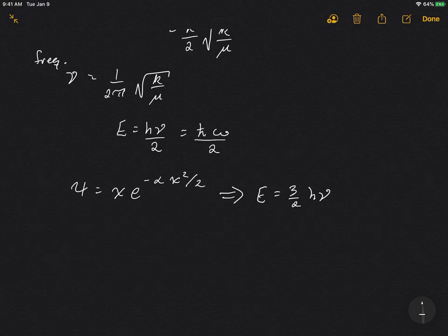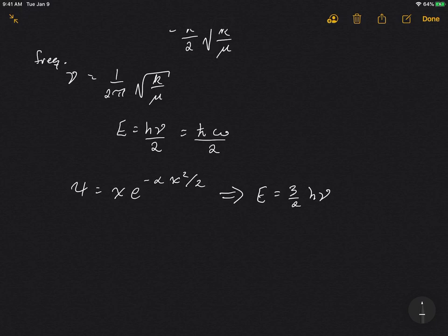You can tell by looking at this, e to the minus alpha x squared over 2 is this bell curve shape, this Gaussian shape. If you multiply it by x, you end up with a function that changes sign at x equals 0 and is 0 at x equals 0.